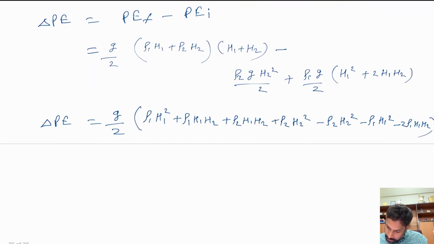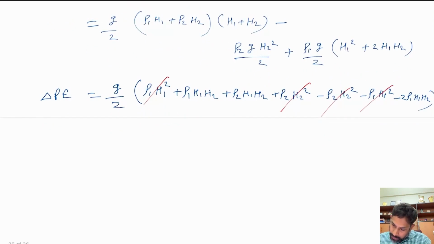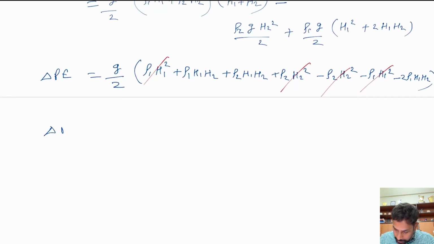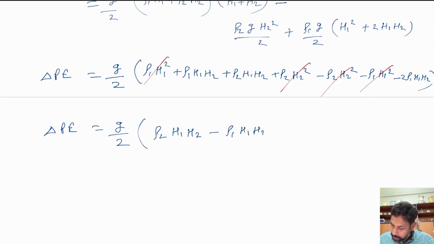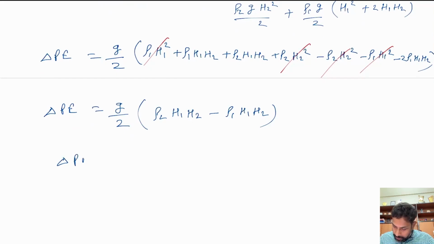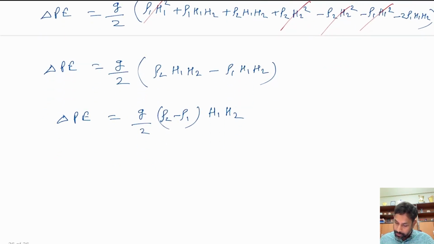And that is why this will cancel with this one, this will cancel with that one, and one of the other terms will also get cancelled. So delta PE we get is g over 2 times (rho 2 h1 h2 minus rho 1 h1 h2), or in other words delta PE is g over 2 times (rho 2 minus rho 1) h1 h2, right, which we can also write as delta rho g over 2 h1 h2.